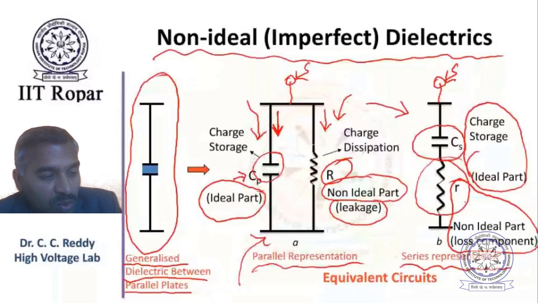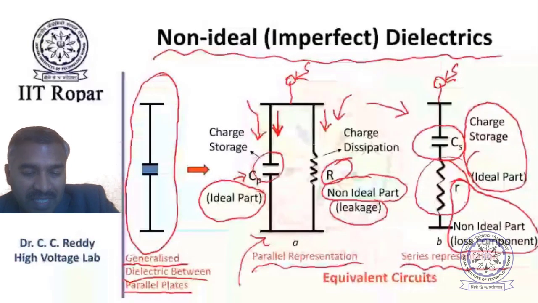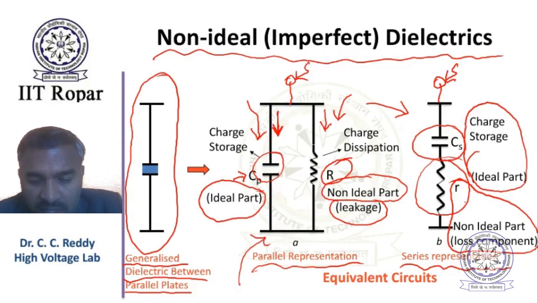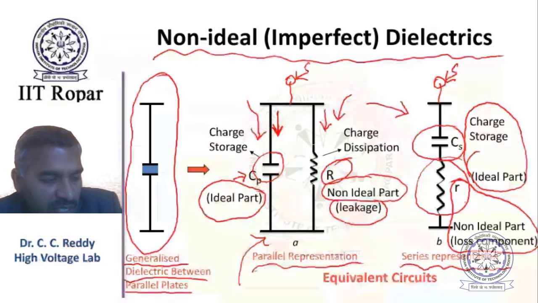So for that, these equivalent circuits will work perfectly. But if you want to work for all frequencies, then the values actually will change with frequency. So for the more accurate representation for physics-related studies, you should represent these R and C as a function of frequency.